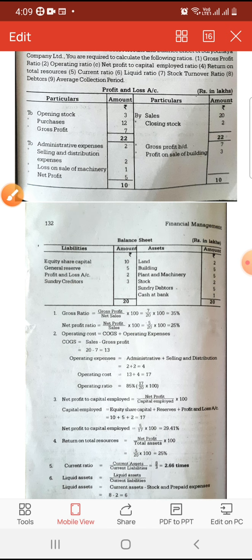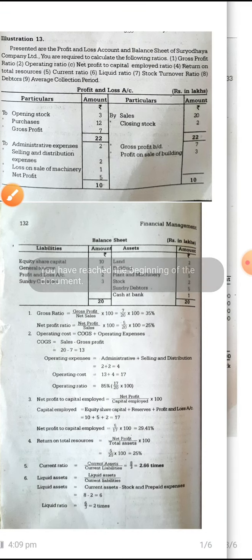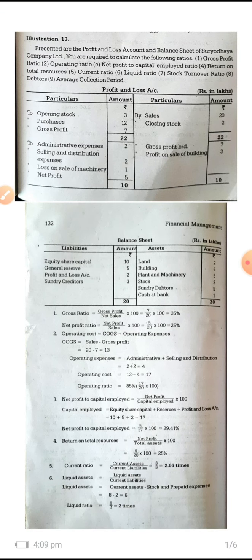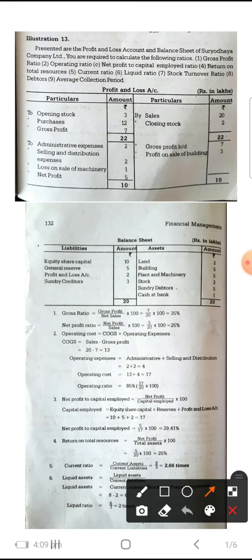Now how to calculate the next one, that is operating ratio. Operating ratio is operating cost divided by sales into 100. Now how to calculate operating cost? Operating cost is cost of goods sold plus operating expenses. How to calculate cost of goods sold? Sales minus gross profit.